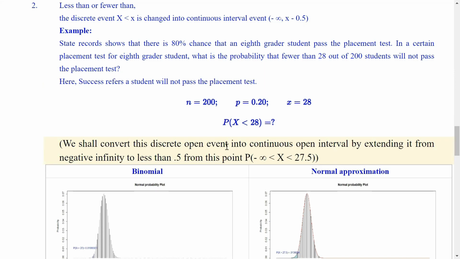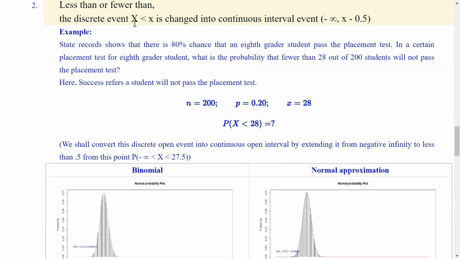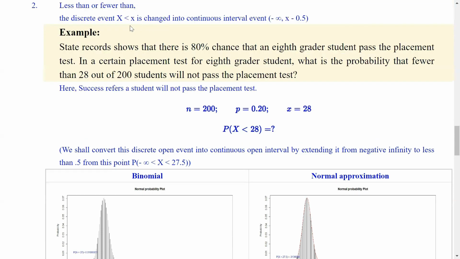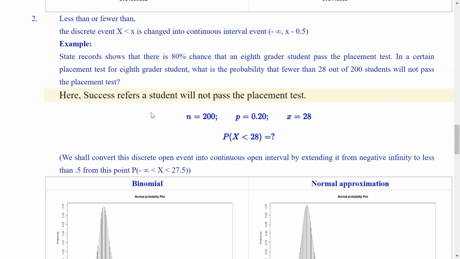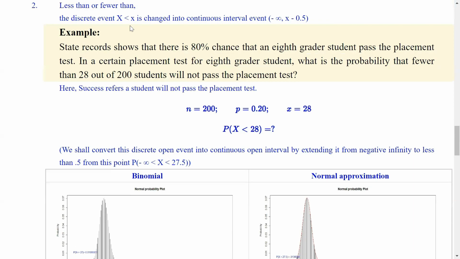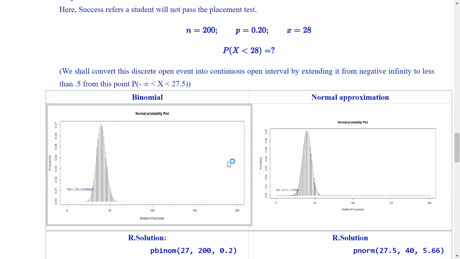As we have already discussed the rules of approximation, the discrete probability for this lower tail event, that the random variable x takes values strictly below some specified value x, is approximated by the area in an interval ranging from minus infinity to 0.5 less than the value x in the normal distribution.